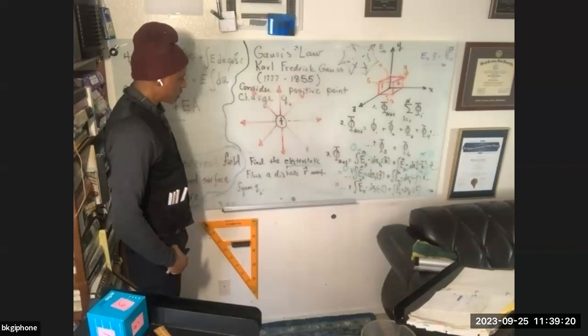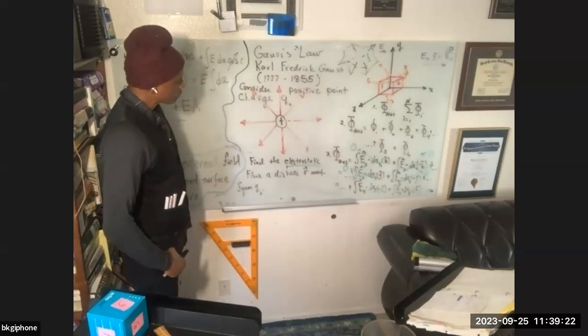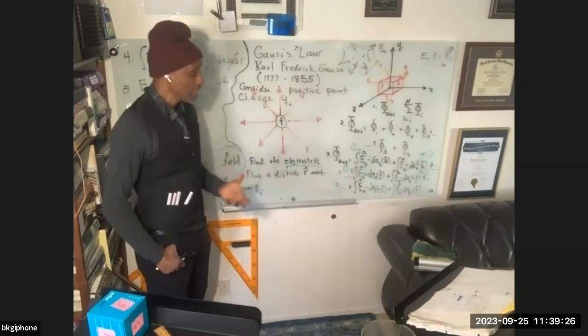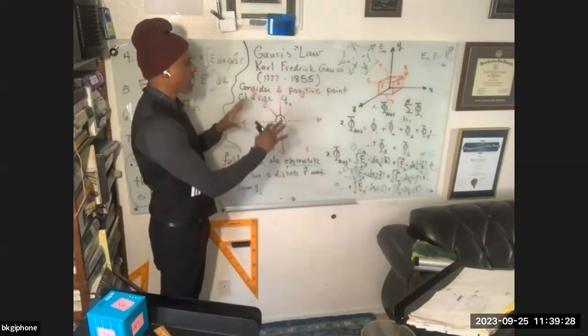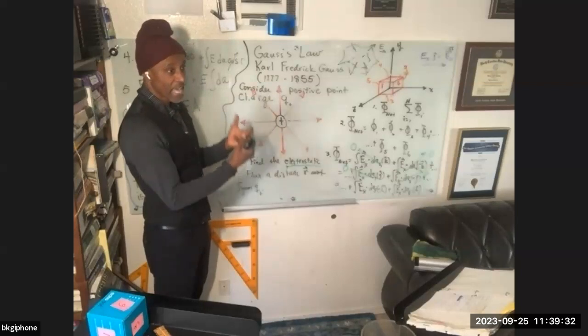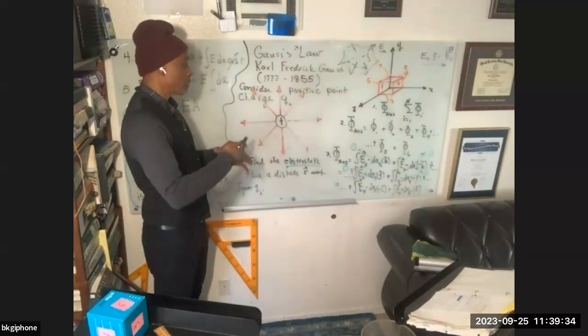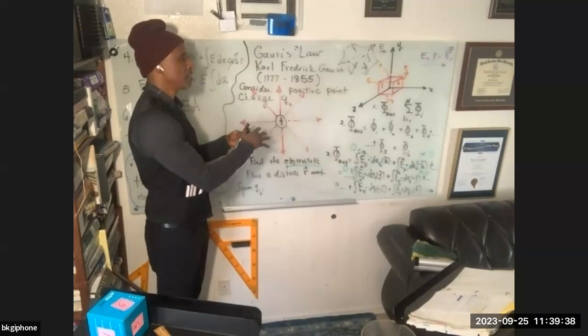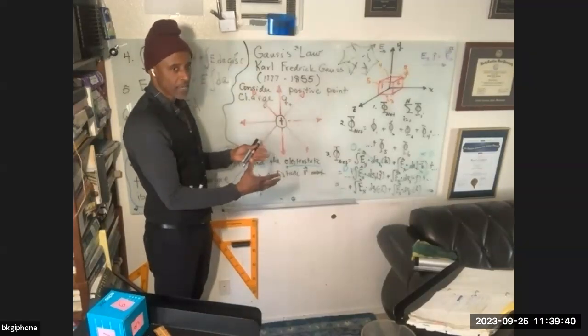prior to the disturbance. So when I say electrostatic, what I'm saying is that the field is not changing in time, and therefore whatever the field pattern is at an instant in time, if you take a snapshot of that, that would be the static field. But if the field doesn't change, then it maintains that pattern throughout space and time.